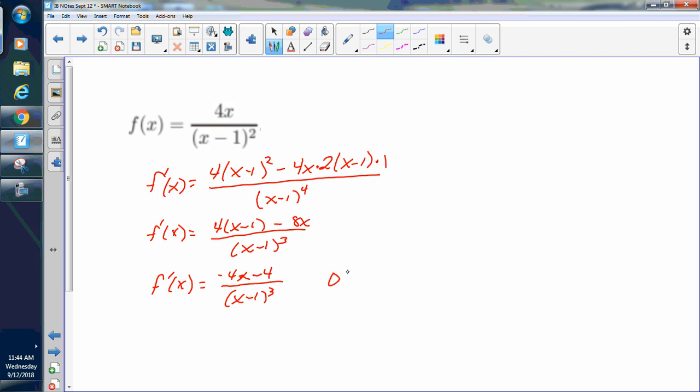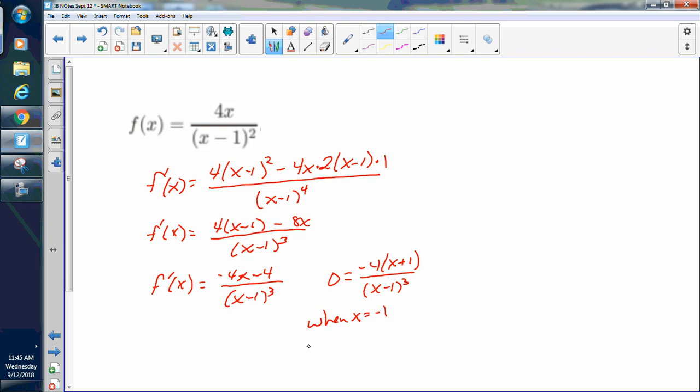When does this equal 0? Well, the numerator is negative 4 times x plus 1. We have x minus 1 cubed. Now our derivative is equal to 0 when x equals negative 1.